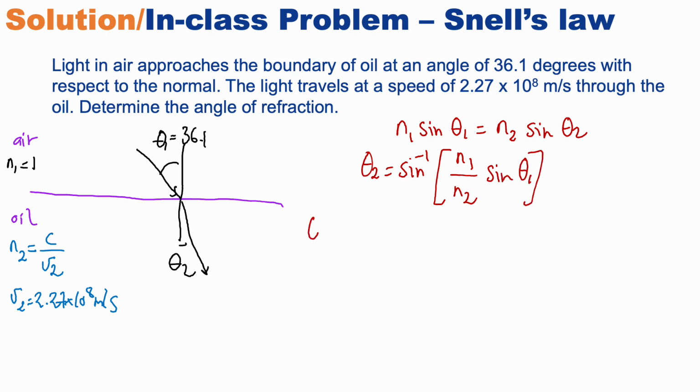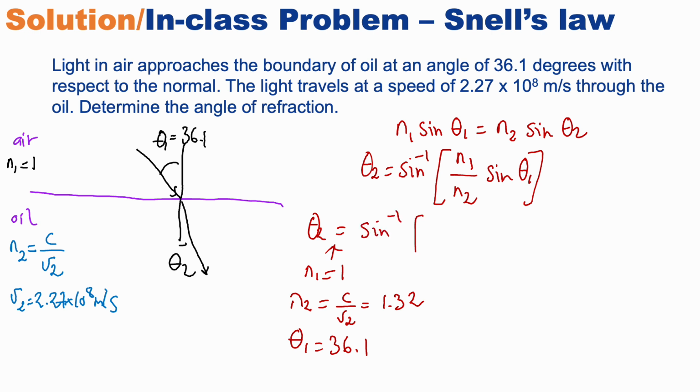And we have everything, because n1 is 1, n2 we can do c over v2, so this is gonna be 1.32, and then θ1 is gonna be 36.1. So the inverse of the sine is gonna be 1 over 1.32 sine of 36.1, and the result is 26.1 degrees.